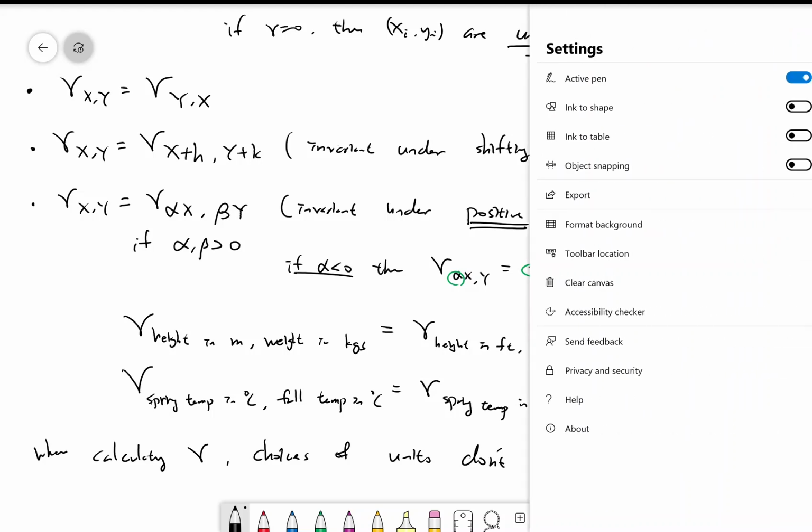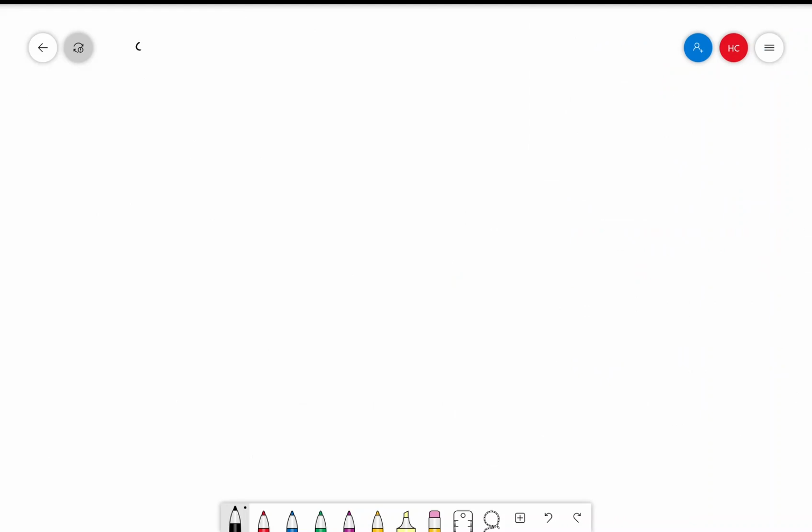All right, one last note. This is a big bullet point. You have definitely heard this before. Correlation is not the same as causation.